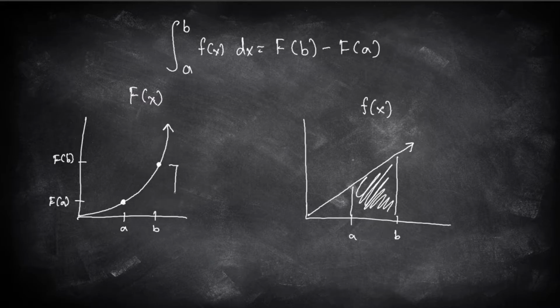And as you see here, it's just this value. So this area is the same thing as this. And this is just our displacement. That means our integral just calculates our displacement. And it's just that simple.